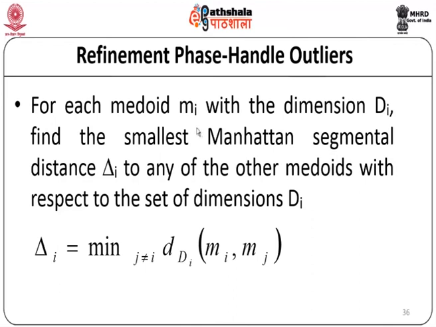So, you calculate the Manhattan segmental distance, identify which midpoints with respect to a given dimension have very minimal Manhattan distance, and only those will be retained and the rest of the data points will be ignored.